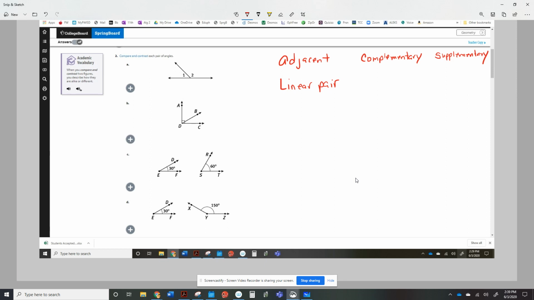So when I see this page, without even looking, it tells you to compare and contrast. You can do that. I'm going to jump straight to, I mean, you have to understand that we are moving so fast through this summer school program. There is no way we can do everything that Springboard wants us to do.